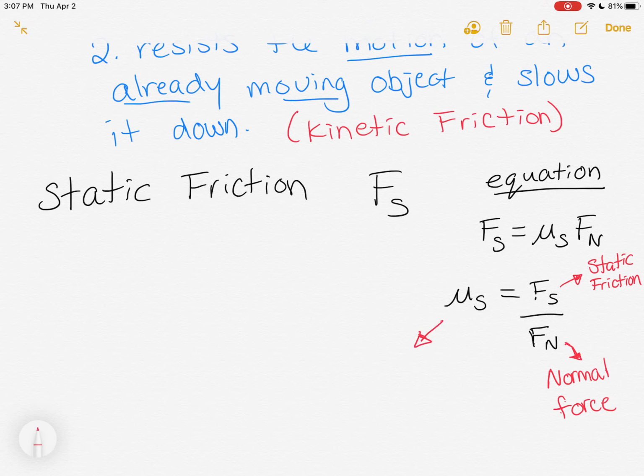Mu s. If you're trying to pronounce it, it's called mu. It's a Greek letter. It looks like a u, but it's got a little extra part to it. This is actually called the coefficient of static friction.